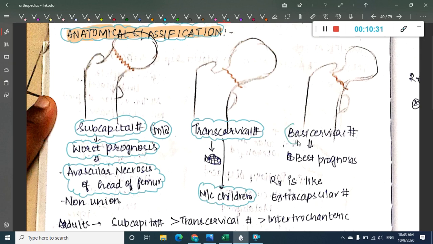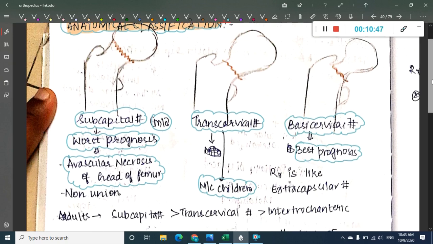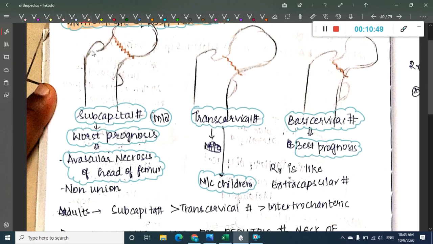Basicervical, the name itself says basi is base, cervical is neck, that is, it is present at the base of the neck. Okay, this basicervical type has the best prognosis among all these fractures according to the anatomical classification.